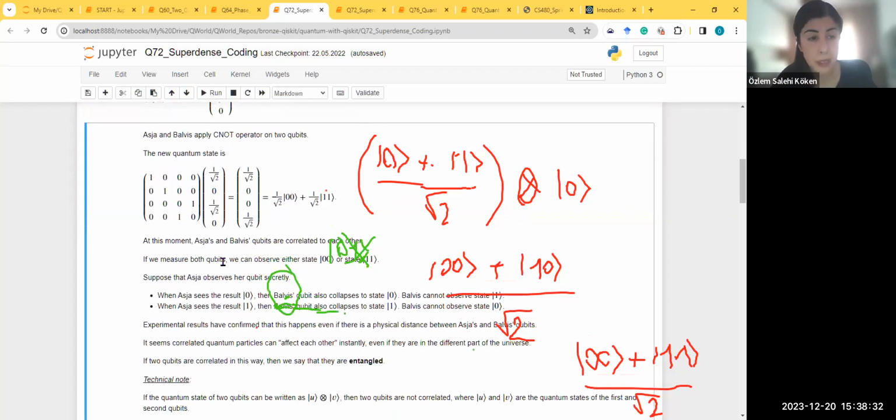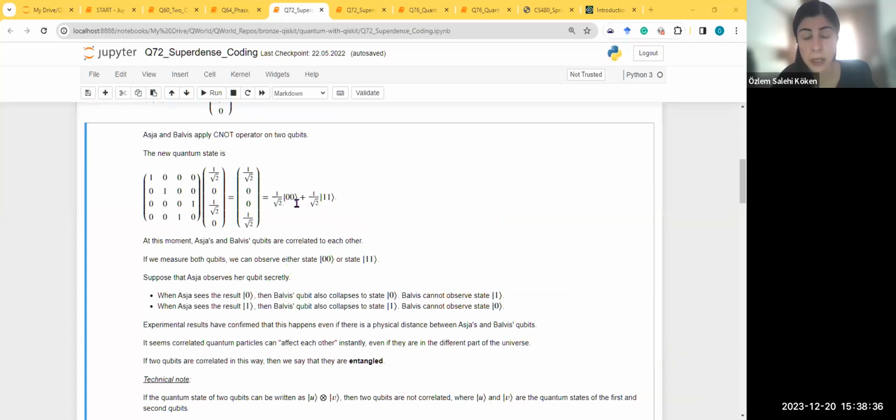And mathematically, such entangled states, like the one we have here, |00> plus |11>, you cannot write the state as a tensor product of two quantum states. If you try to separate this into two, this is an easy exercise you can try: take two vectors which have two entries each, and take the tensor product.